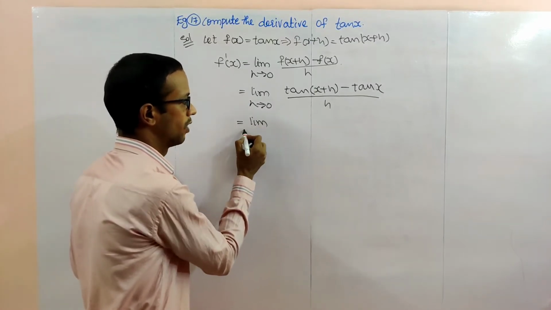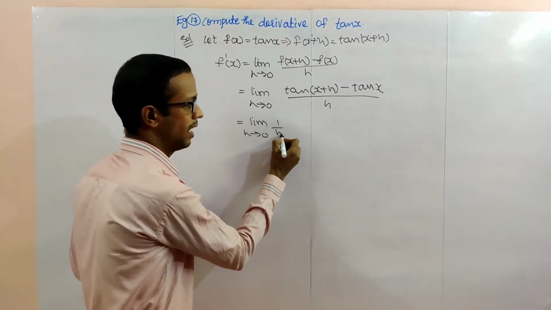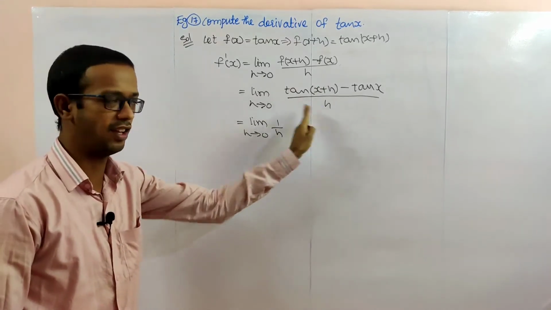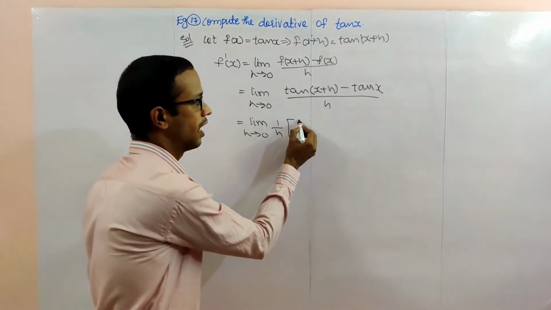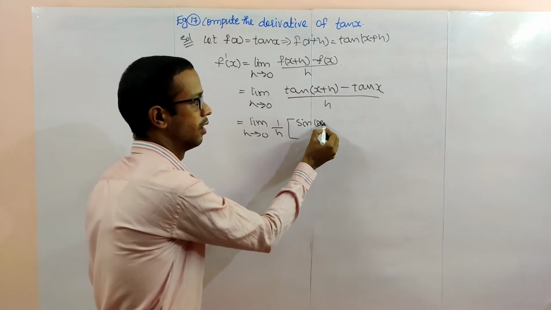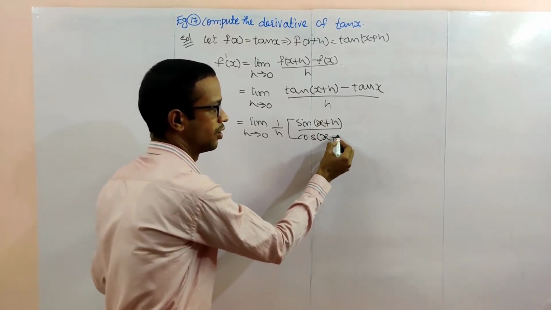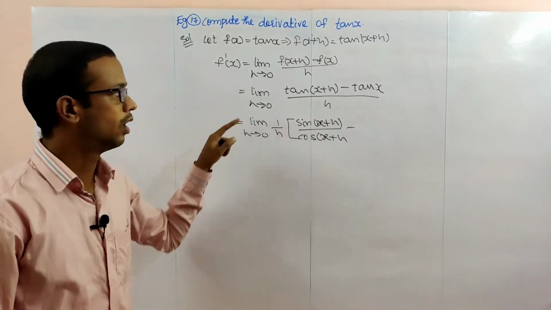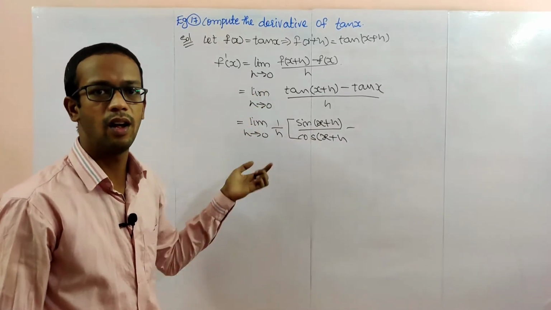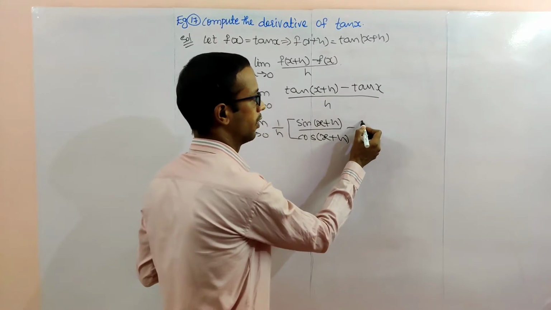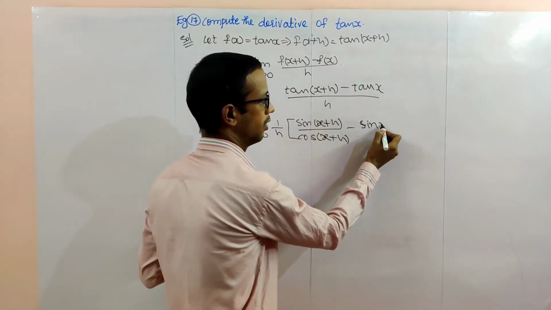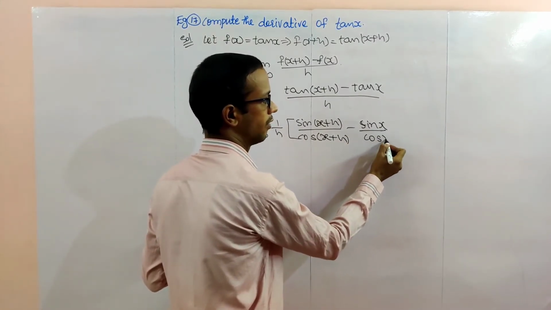So limit h tends to 0, I am writing 1 by h on one side. Converting this into sin and cos, sin of x plus h by cos of x plus h, because tan x is equal to sin x by cos x. That formula I am using here: sin x divided by cos x.